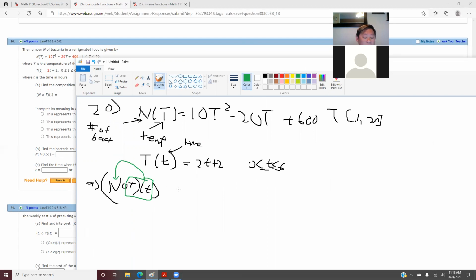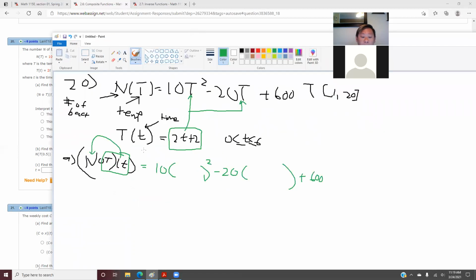Into N. So we take this 2t plus 2, and we plug it into the capital T in N. So it will be 10 times T squared minus 20 T plus 600, where T is now replaced by 2t plus 2.